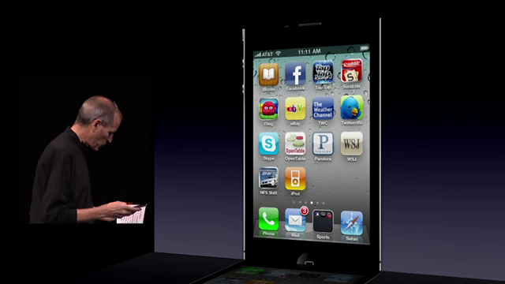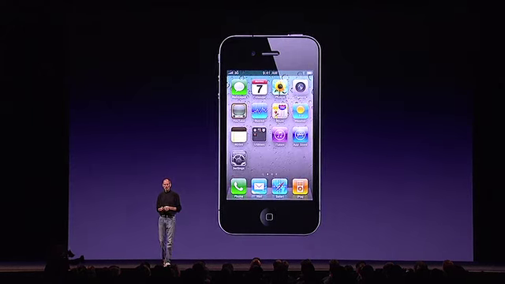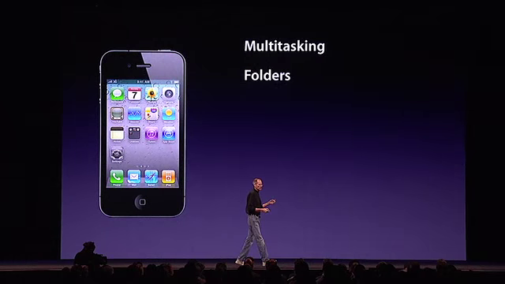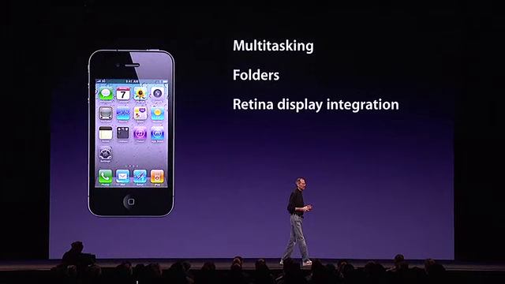So that gives you a brief view of just a few of the new features of iOS 4, but there are just tons of new features everywhere. So, iOS 4, multitasking, folders, the Retina display integration.